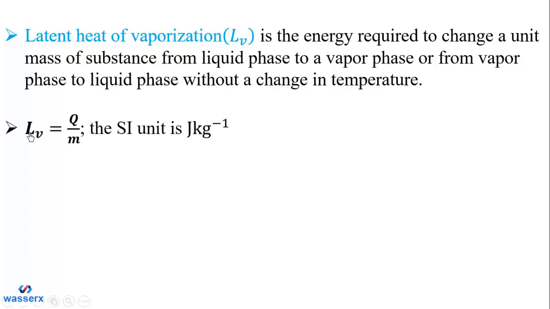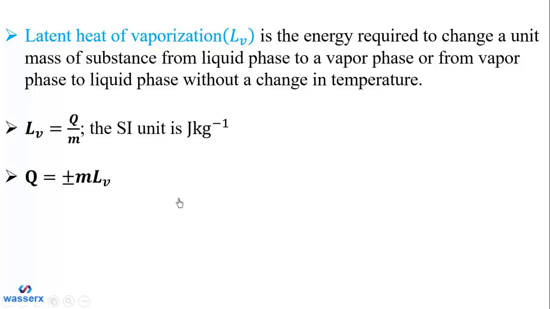And we can use this relation to calculate latent heat of vaporization: L sub V is equal to Q over M, and the SI unit is joules per kilogram. Then we solve for Q to obtain Q equals plus or minus M times L sub V.